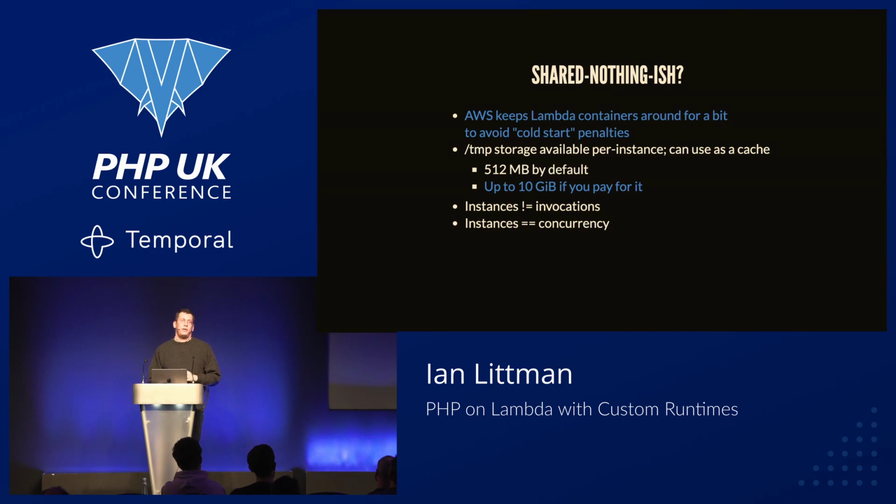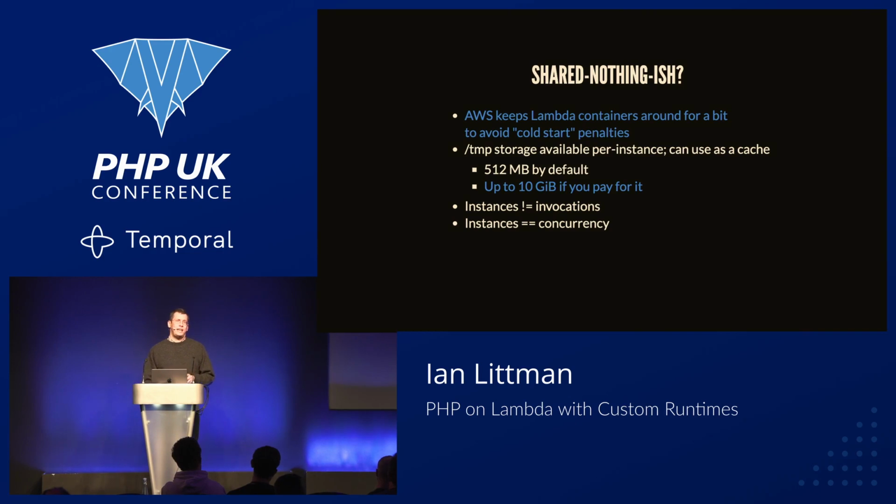Now, once that particular instance of Lambda gets set up, it has access to /tmp. By default, that's a 512 meg partition, so if you need to cache data quickly locally, realizing that that cache is not going to be available to any other concurrent execution of Lambda, you can throw it in /tmp, and 512 meg of /tmp is free, and you can get up to 10 gigabytes of cache in /tmp if you are willing to pay for it.